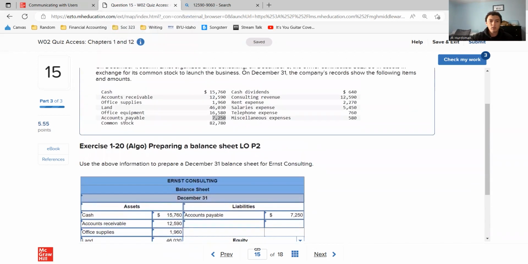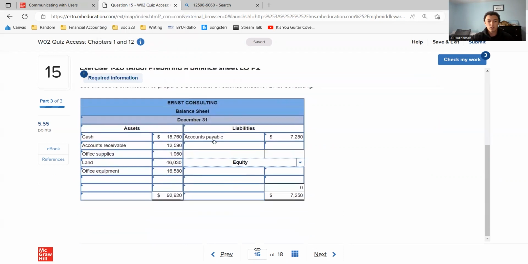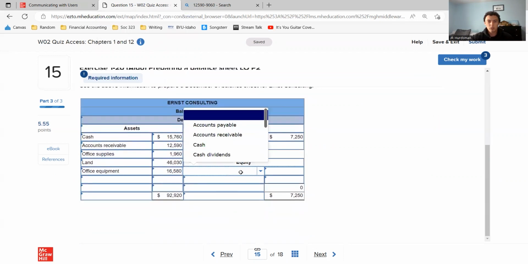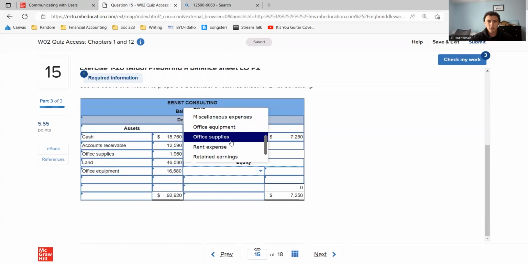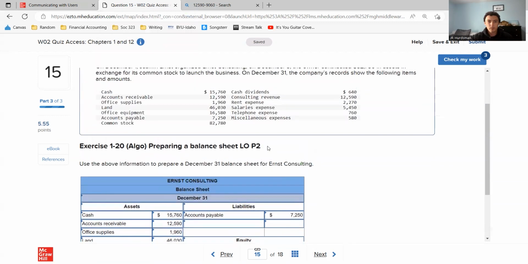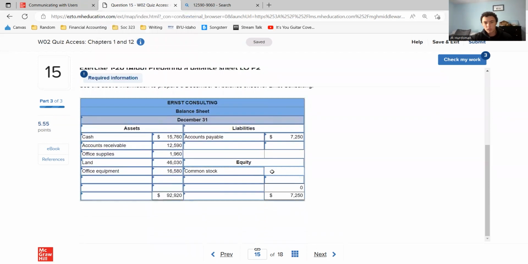And so the only thing that the owner would be really in charge of, the way that I think of it, is just common stock. So just going to put common stock. There we go. 82,780. All right, now let's check our work.